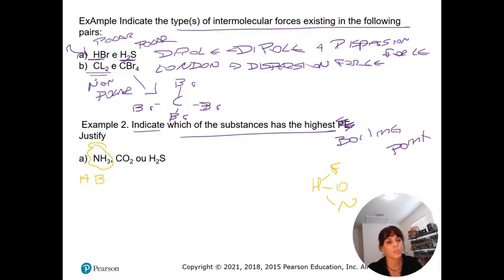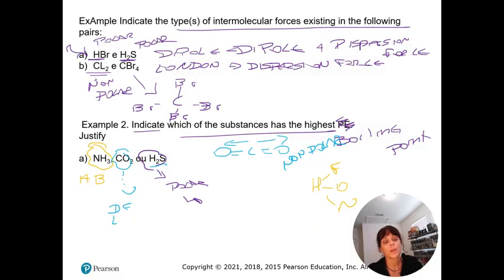So here I have a CO2. CO2 is this, and this is a non-polar molecule. A non-polar molecule has dispersion force or London force, right? And I have this one that is polar, so what I have over here is dipole.